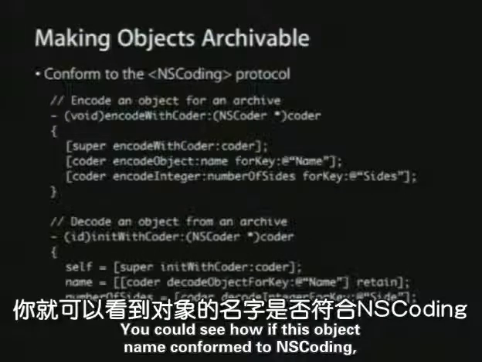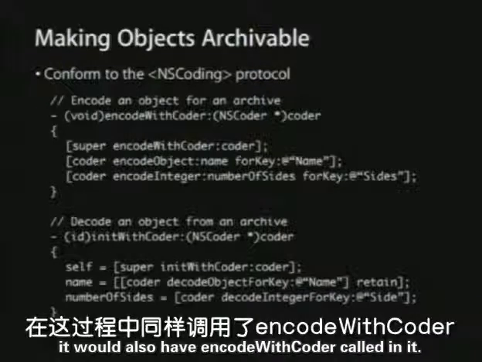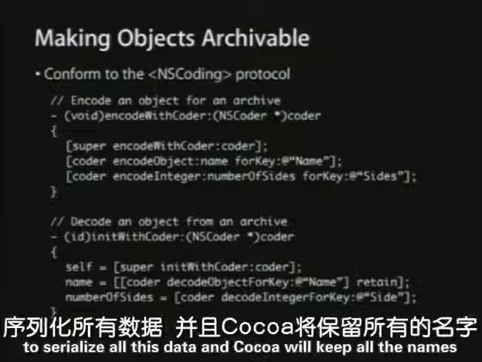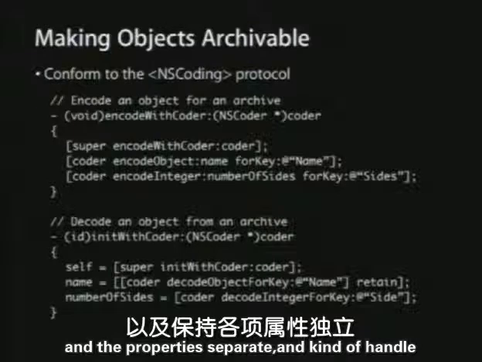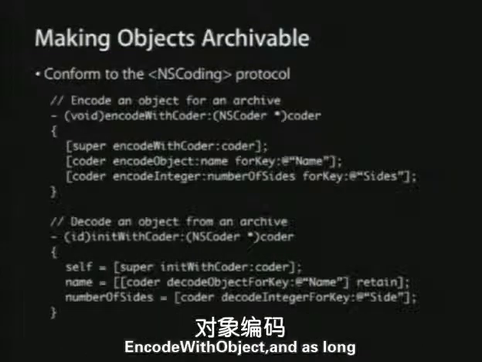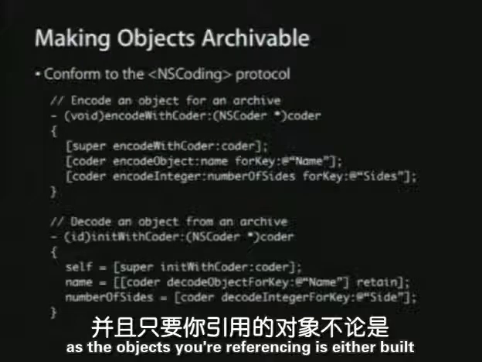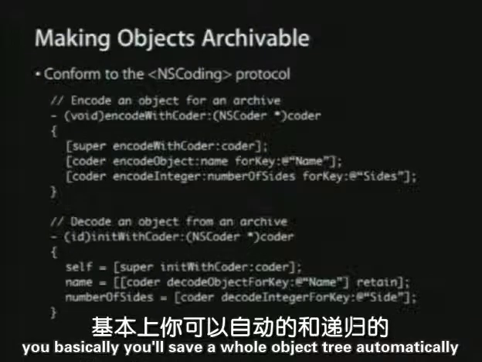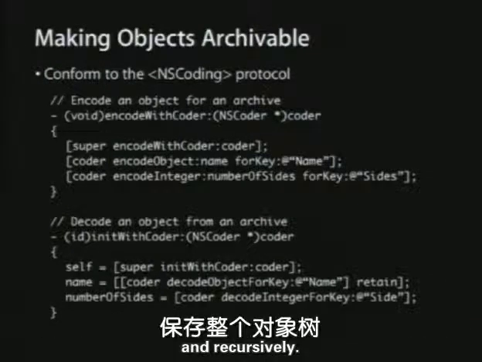You can see how, if this object conformed to NSCoding, it would also have encodeWithCoder called in it. So it would work recursively to serialize all this data. And Cocoa will keep all the names and properties separate and handle that recursive state for you. So all you need to do is call encodeObject, and as long as the object you're referencing is either a built-in Cocoa type or implements NSCoding, you'll be able to save a whole object tree automatically and recursively.